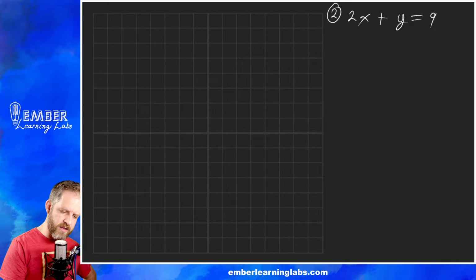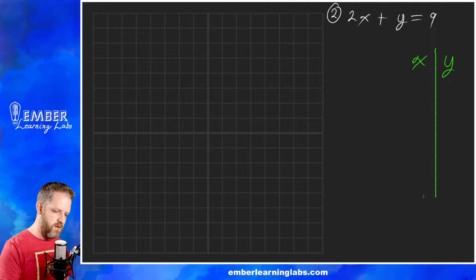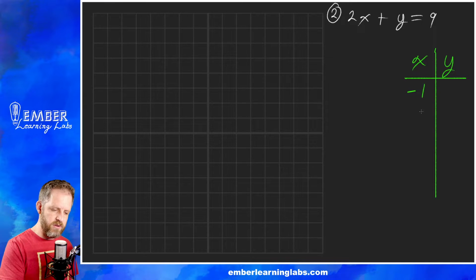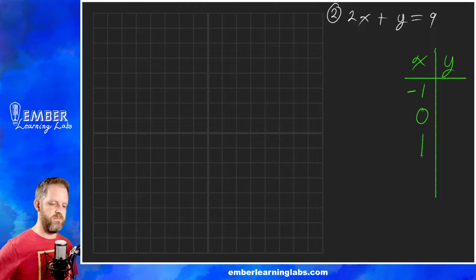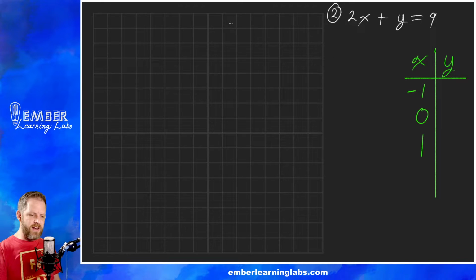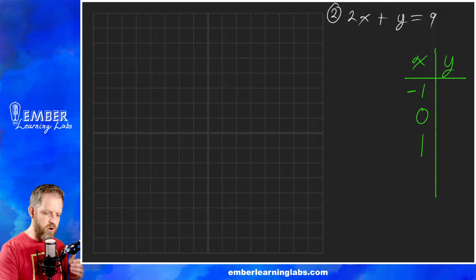So we're going to pick, let's do this in green. X, Y. We're going to do -1, 0, 1. That sounds good. That'll give us kind of an indicator there. So we're going to plug in -1 for x.